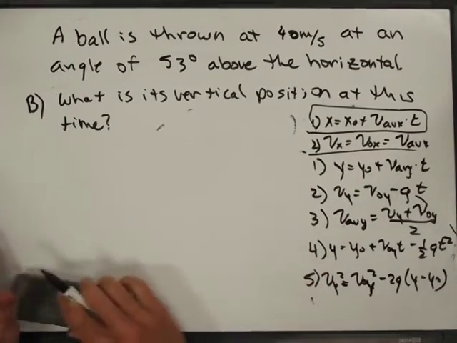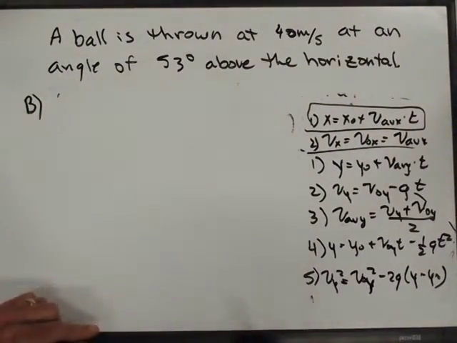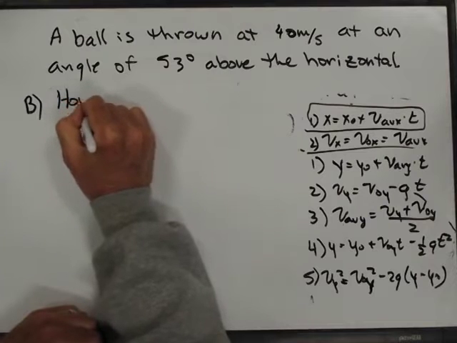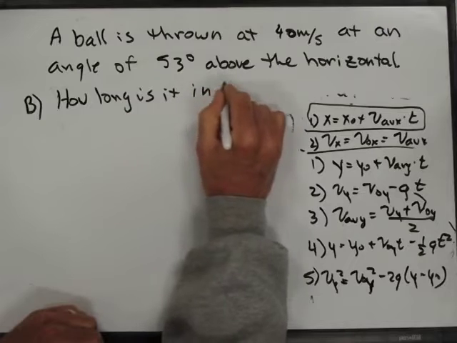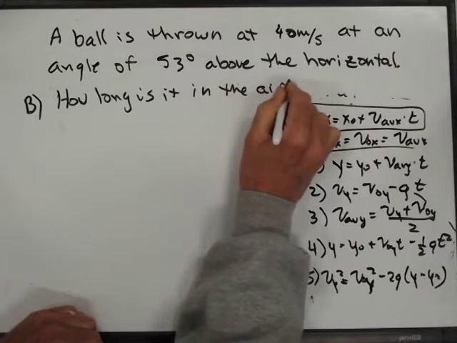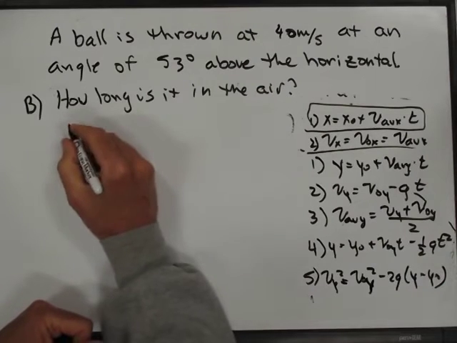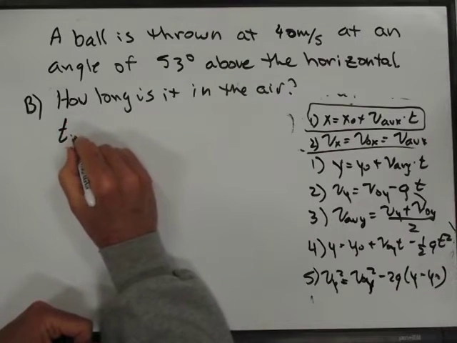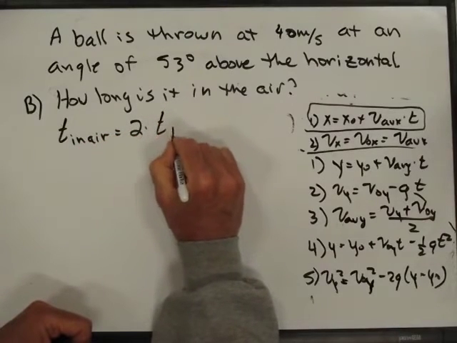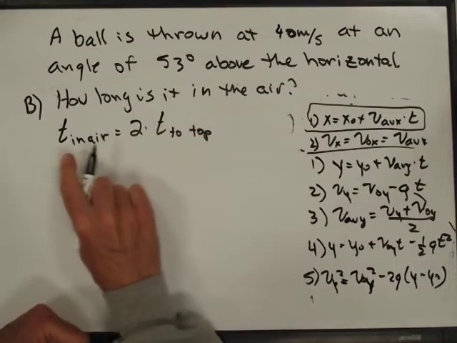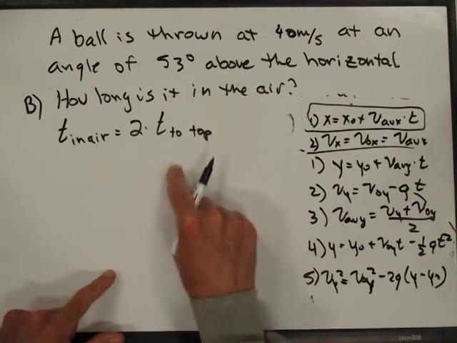How long is it in the air? The time in the air is just twice as long as the time it takes to get to the highest point, because it's going the same speed up as it is coming down.